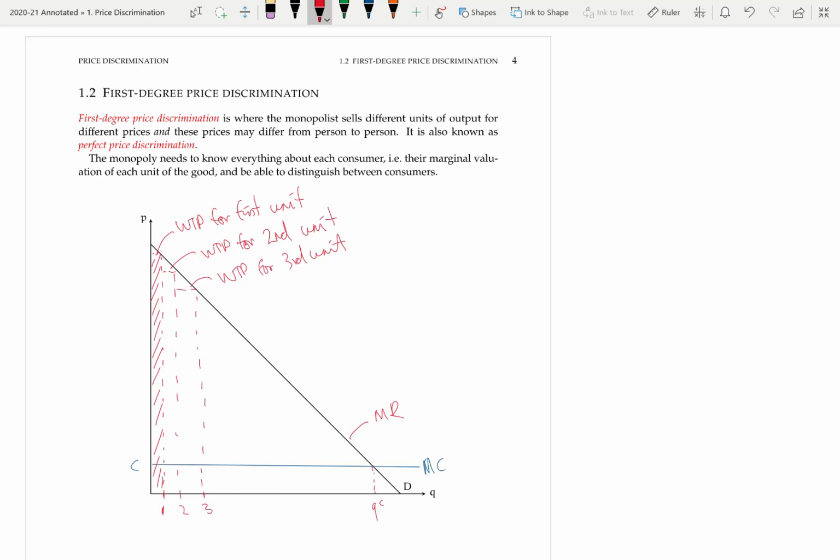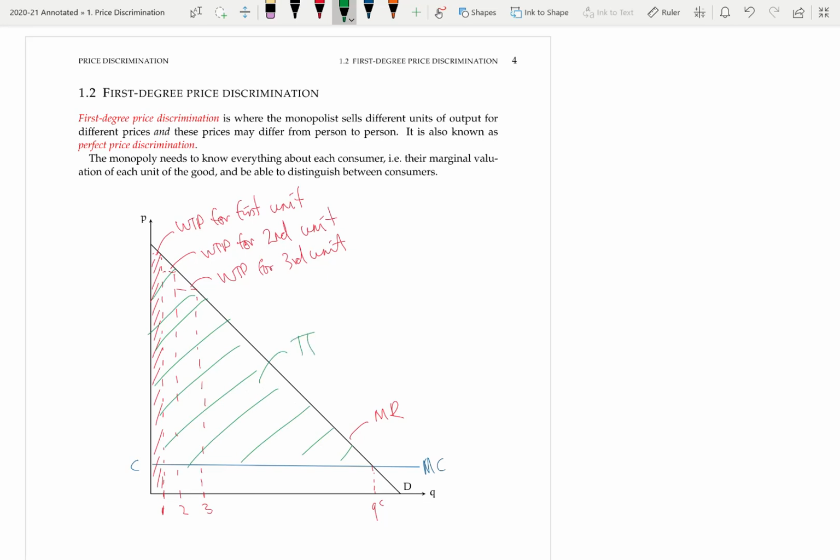For any marginal cost curve, the area under the marginal cost curve is the variable cost, or the total cost when there's no fixed cost. This is regardless of whether the marginal cost curve is horizontal or not. So the profit must be this triangle between the demand curve and the marginal cost curve. So this area is profit under first degree price discrimination.